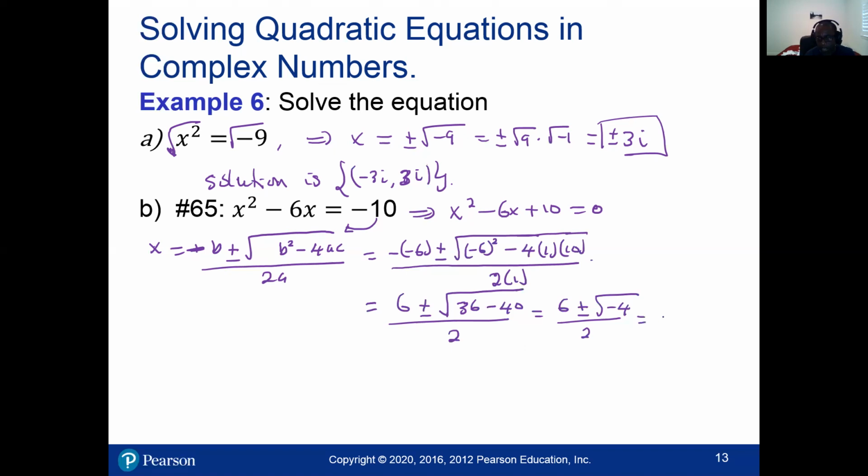But what is that? This is equal to 6 plus or minus 2i, divided by 2. So the answer to that will be 3, plus or minus i.